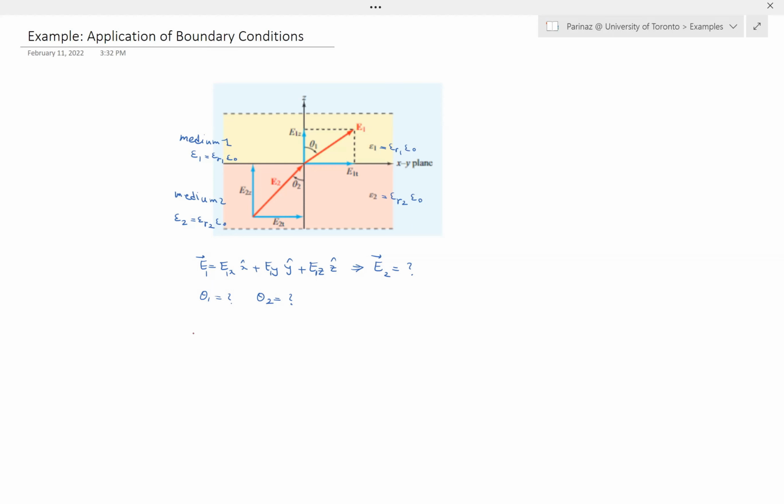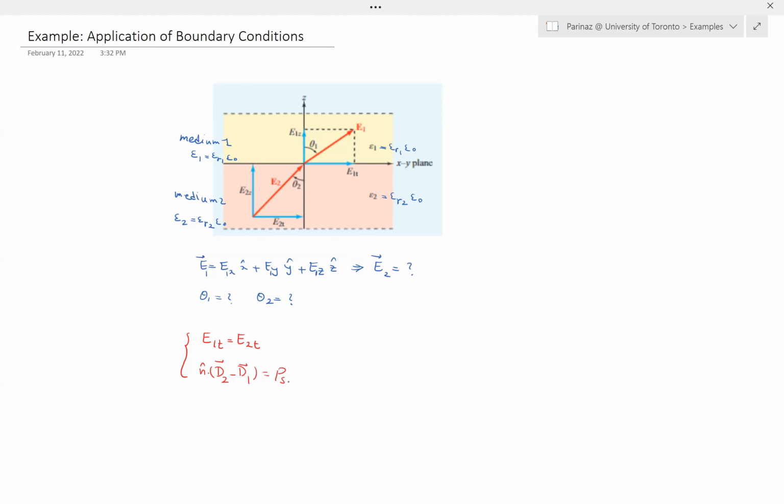So the first thing you should do is write the boundary conditions in electrostatics. You know that E1T, the tangential component of the electric field, must be continuous, so E1T and E2T should be equal. Then n hat dot (D2 minus D1) must be rho s.